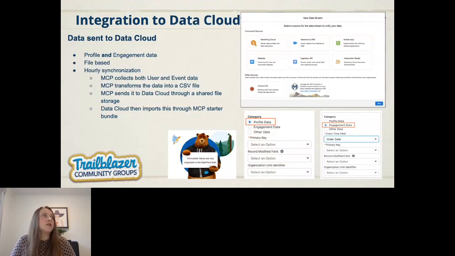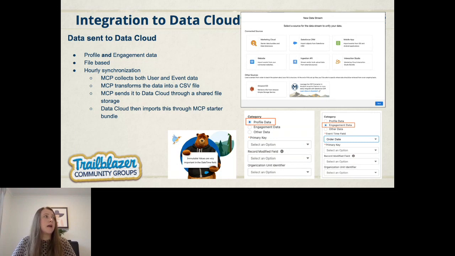Okay, so the integration to Data Cloud itself is the data that is sent from MCP into Data Cloud. It is profile and engagement data. I think it's good to point this out because there used to be confusion about whether there's only profile and no engagement data, but yes, it is both profile and engagement data that can be integrated to Data Cloud. This is file-based, and it's an hourly synchronization.